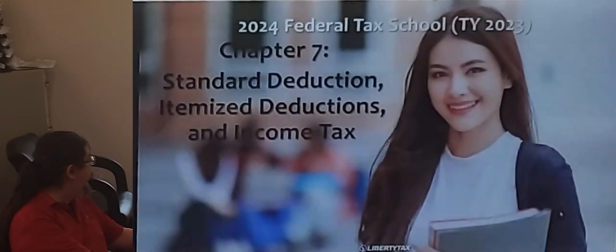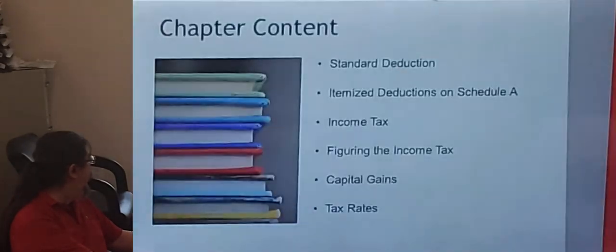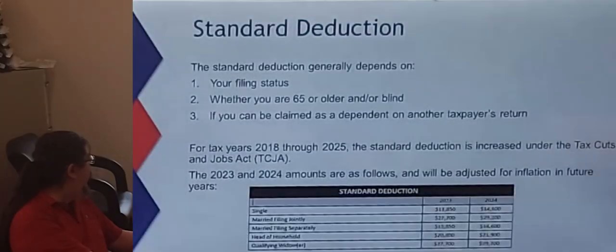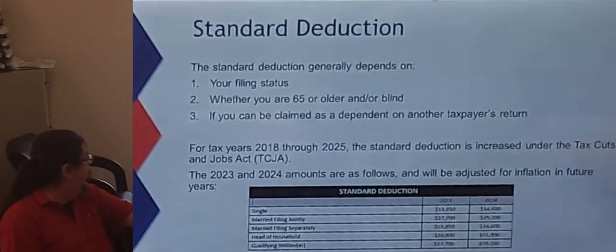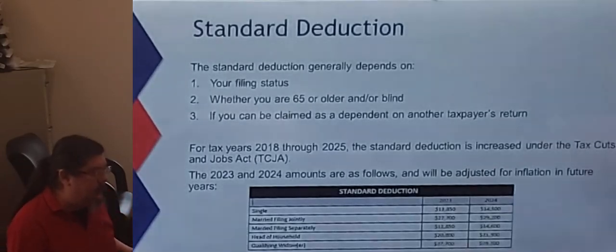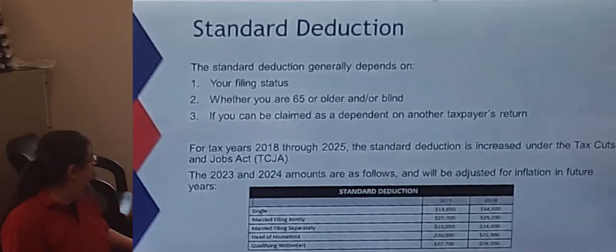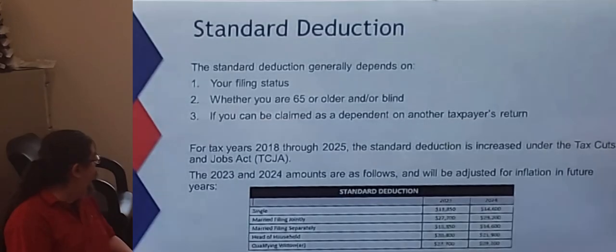So our 2024 standard deduction is $14,600 for a single. Double that, $29,200 if you are married filing jointly.